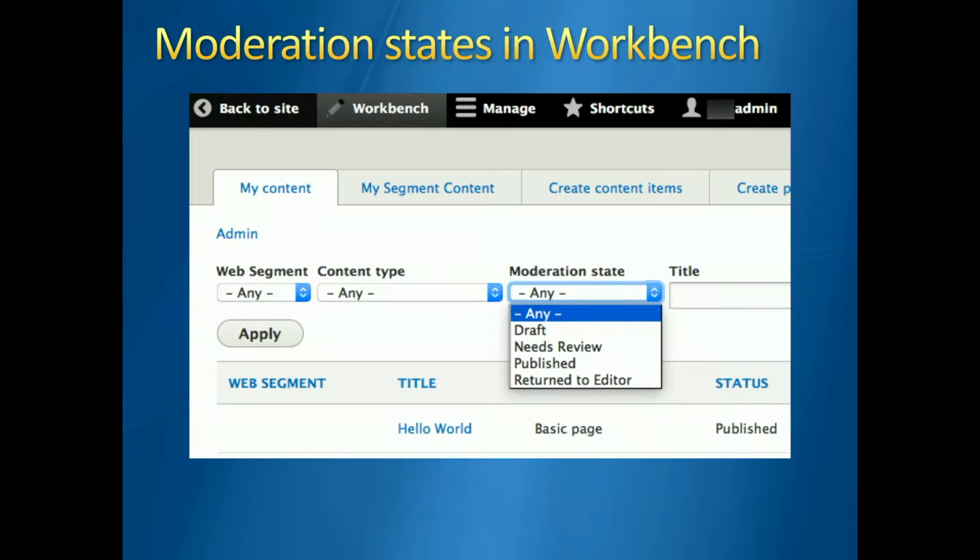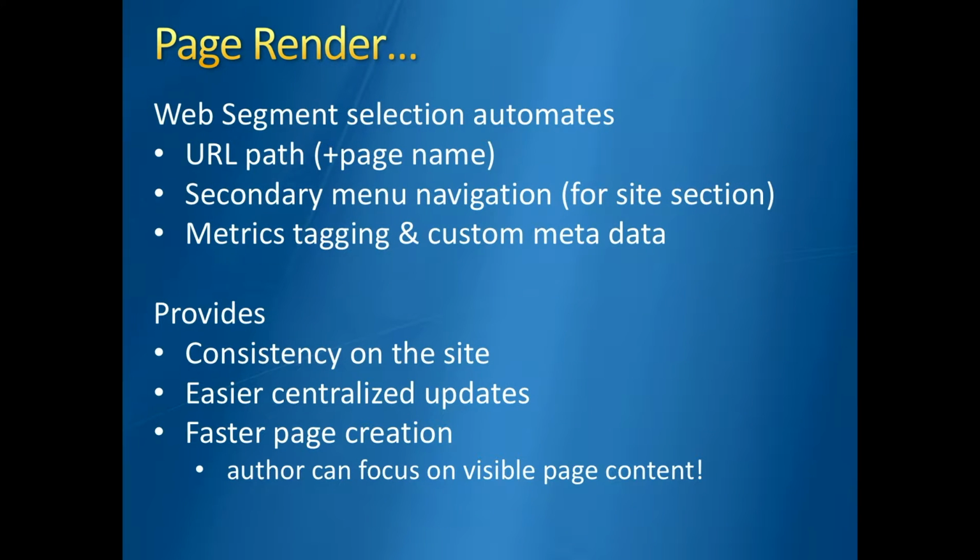So we talked about access control, creating content, and pushing it through the workflow. When it renders on the website, I mentioned several times that we create the URL alias already based on the web segment selection.